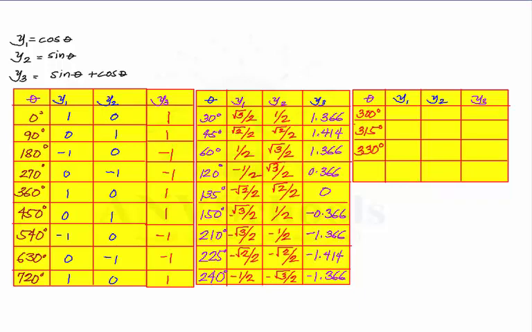So y1 is positive this time because it's in the fourth quadrant, so 1/2, and our sine would be negative. So we will have a value which is negative 0.366.